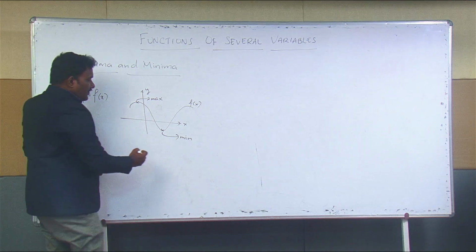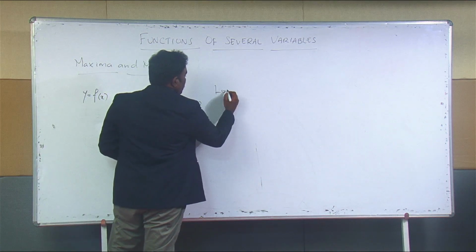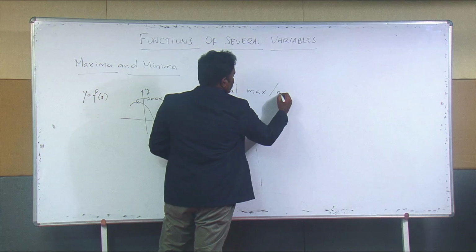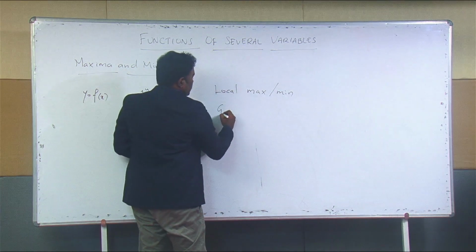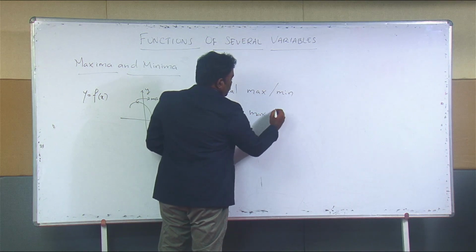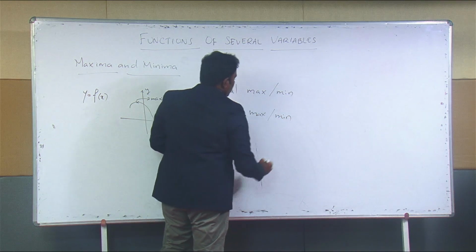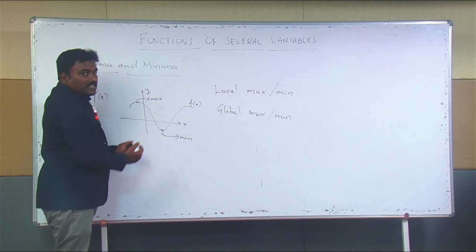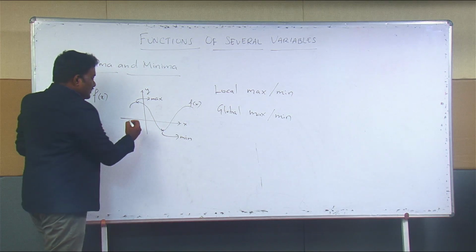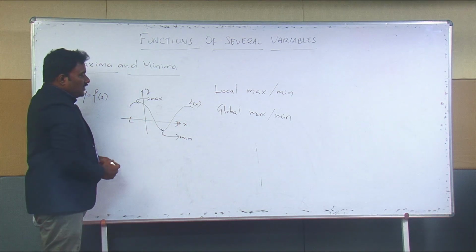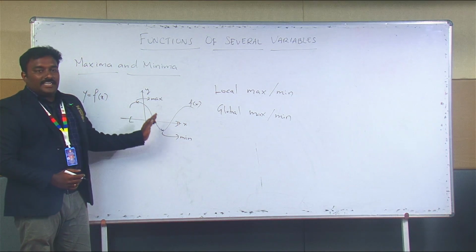Here we have a concept called local maximum or minimum and global maximum or minimum. Local maximum and minimum refer to a given region. We take a region and say that within this region, these are the maximum points and these are the minimum points.